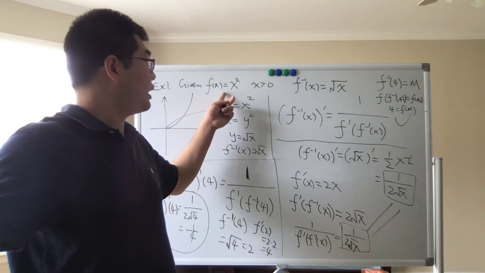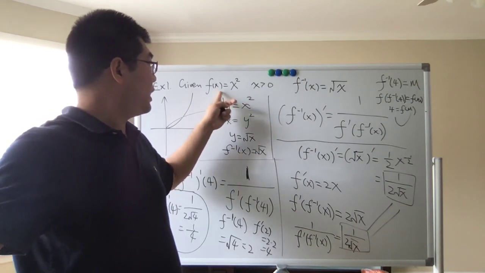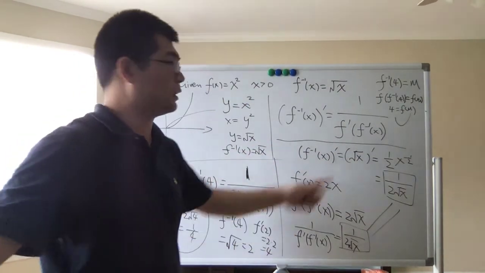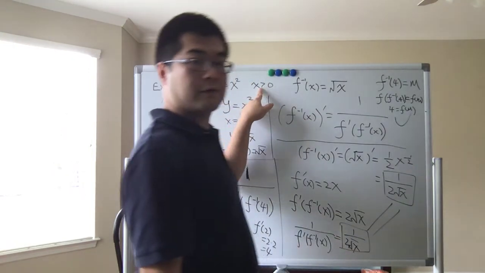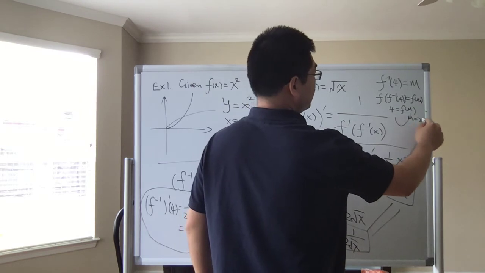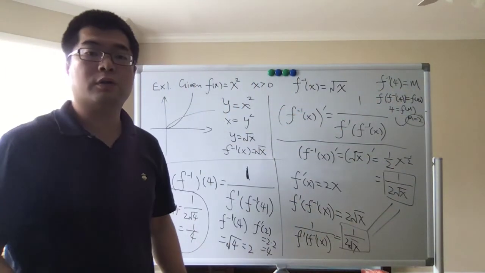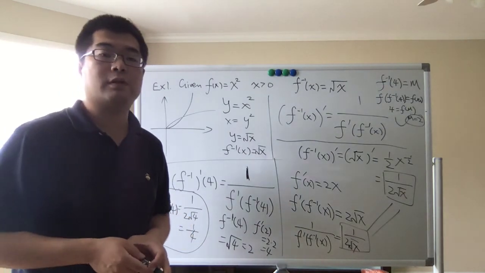Looking at our function f of x equals x squared, which number, when squared, gives you 4? That number is positive, so m is 2. So f inverse of 4 equals 2 based on the property of the inverse function.